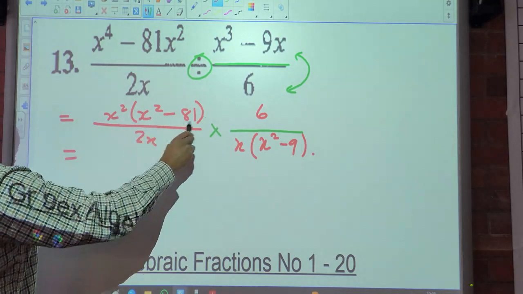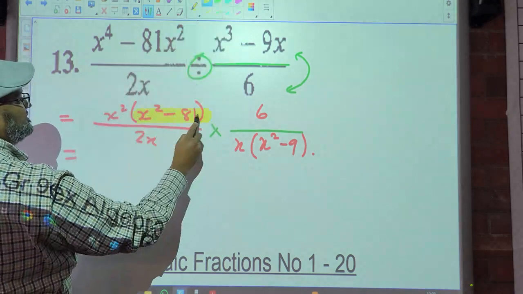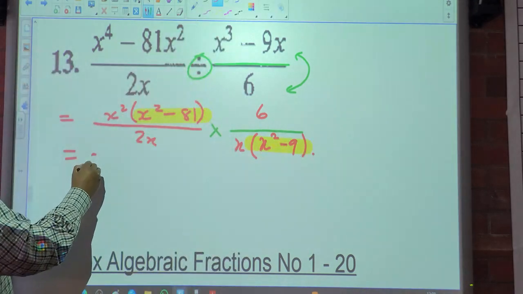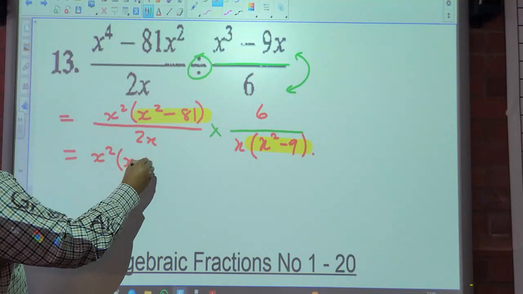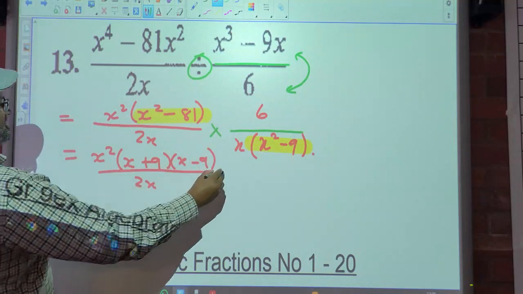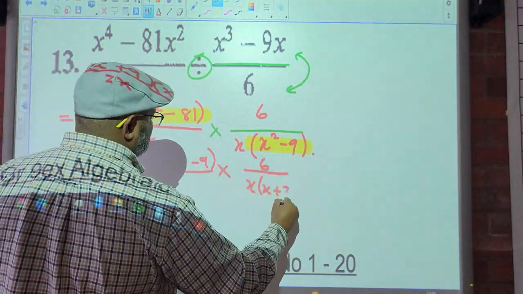People, this goes further, not so? This can factorize further here. And that one can factorize further. So what are we left with? x squared into x plus 9, x minus 9 over 2x times 6 over x into x plus 3, x minus 3.